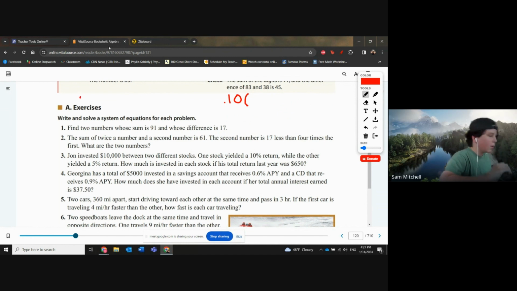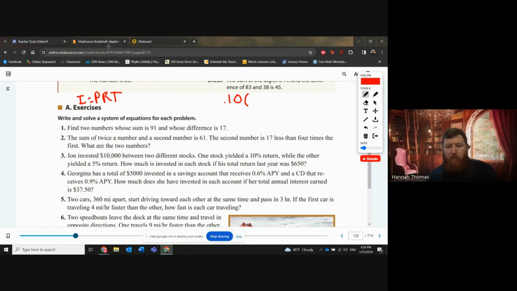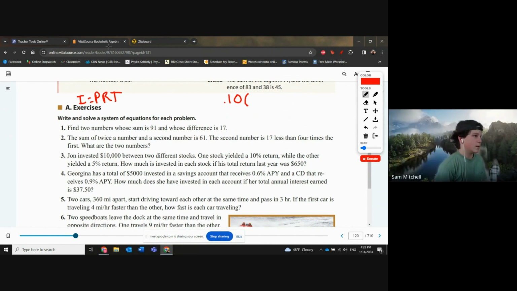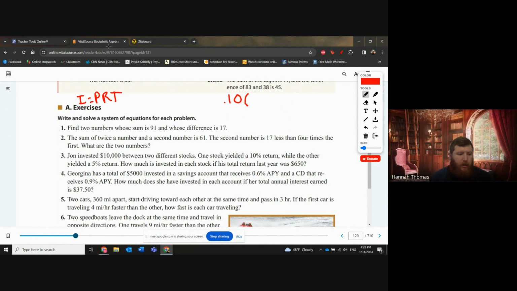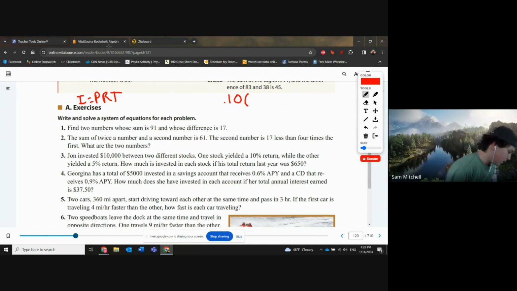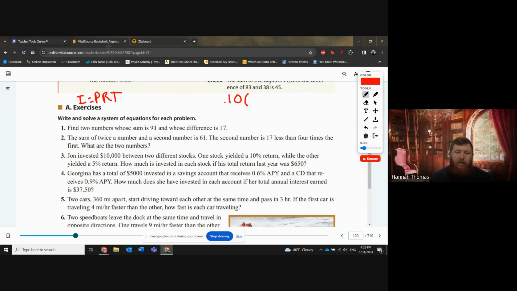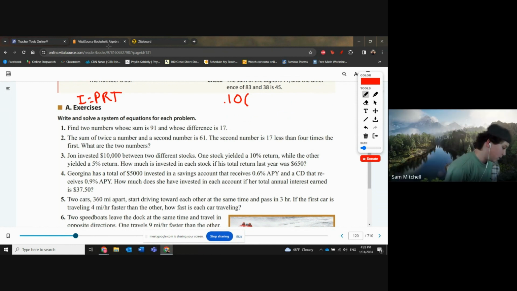Interest equals principal times rate times time. Yes. Do you know the principal for number 3? 10,000. But that's the principals added together. So we don't know it, not yet. Exactly, right.